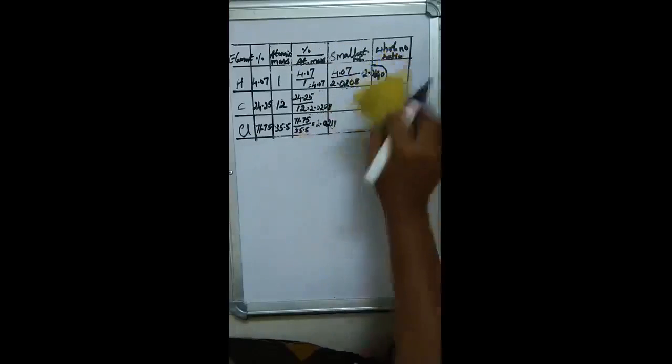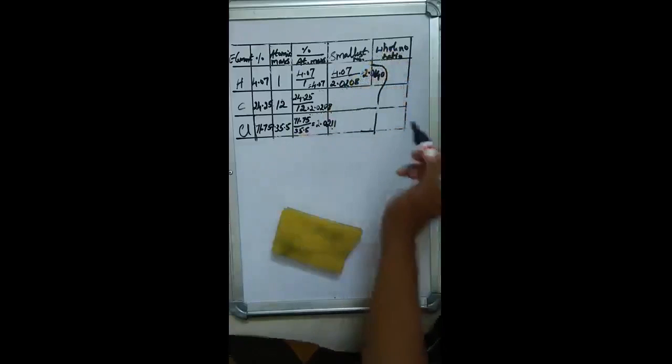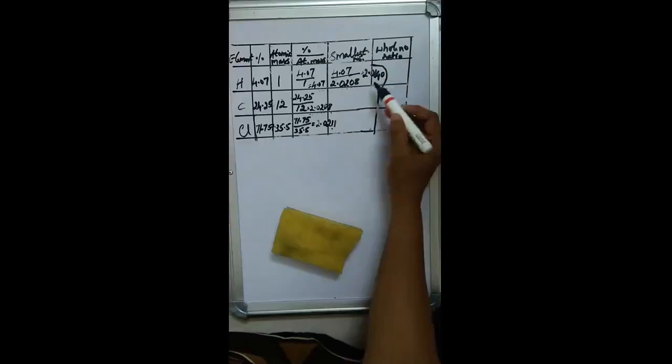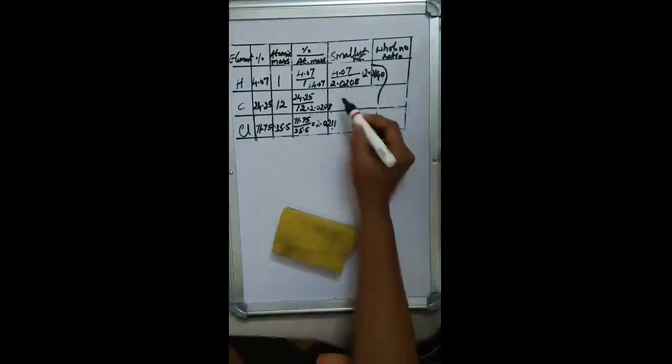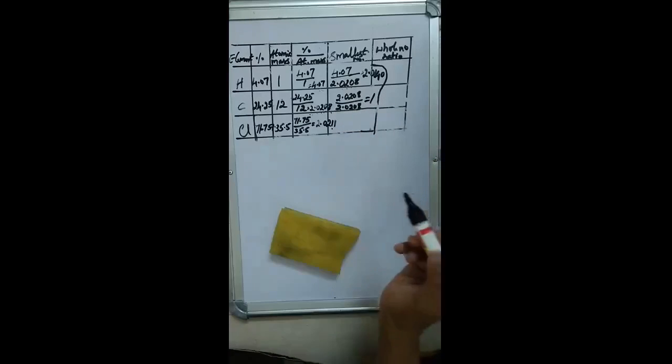There is no space, that's why I turn this. Now 2.0140. Next, the same thing. Here also you have to do it. 2.0208, which is the smallest number I have selected. That number itself is the smallest number. So what is the answer? You will get 1.